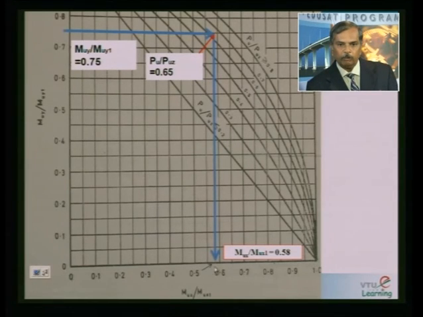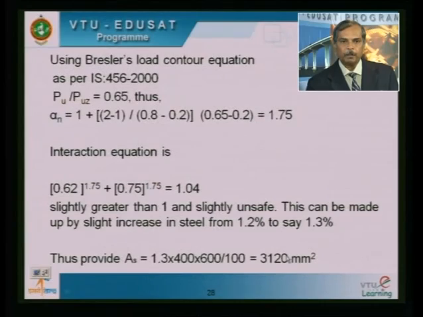If I go down, I will be picking the value of MUX by MUX1, which is 0.58. That is the limit, but my value is more than that. Since it is away from the interaction value, it is unsafe. I want the value to be well within the interaction graph. So, definitely I need to reduce my value, which is significantly less than 0.58.